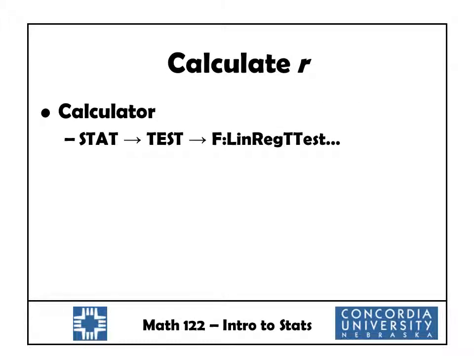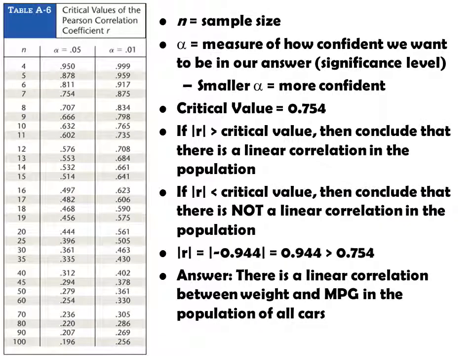Okay. Now, we had a complicated formula for calculating that, but we didn't have to use it because that formula was built into the calculator with the LinRegTTest. So you should be able to use that command to calculate the r value. Okay. And so then we calculated an r value, and we tried to use that information from a sample to answer a question about the larger population.